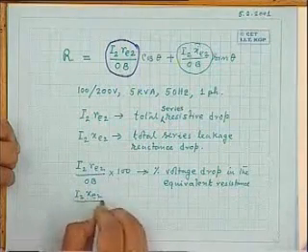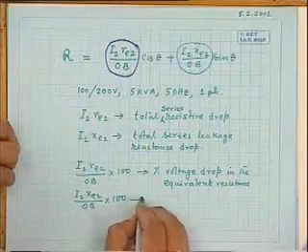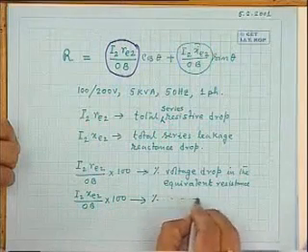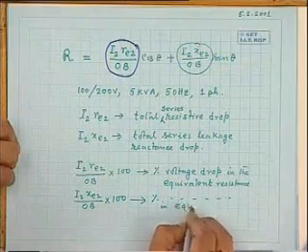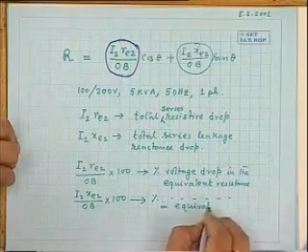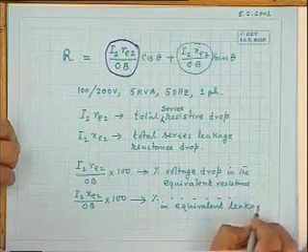Similarly, I2 XE2 by OB into 100 will give you the percentage voltage drop in the equivalent leakage reactance.